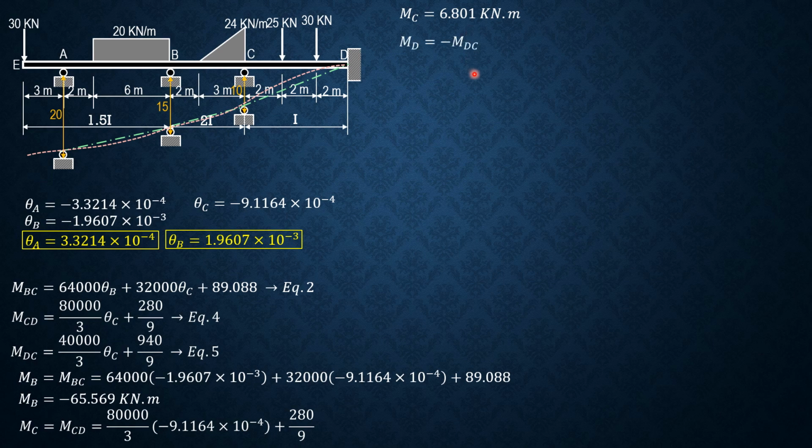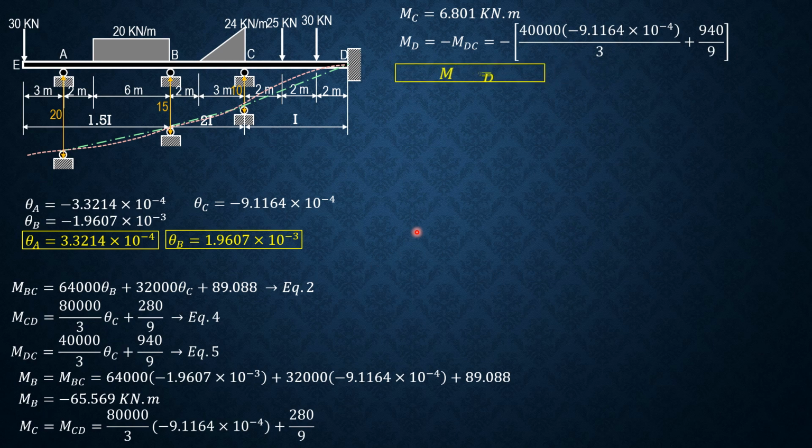And MD is the negative of MDC, so negative of 40,000 over 3 times negative 9.1164 times 10 to the negative 4 plus 940 over 9. So MD is negative 92.289, which confirms our answer. So that's it for this problem.